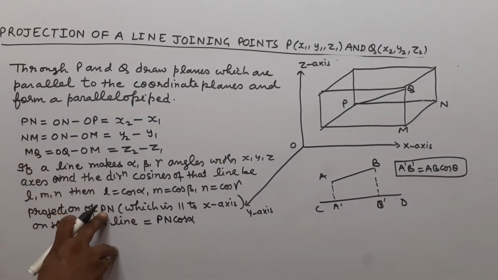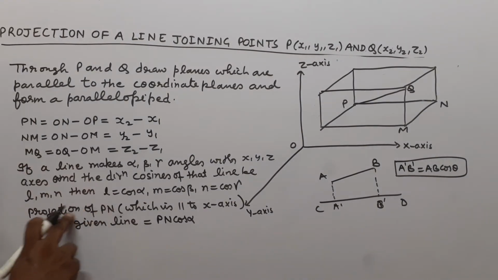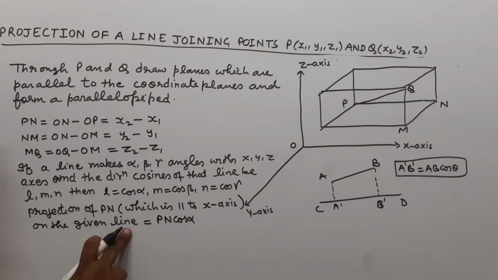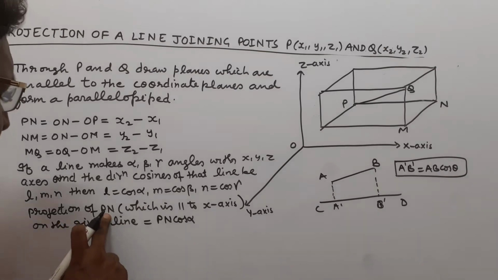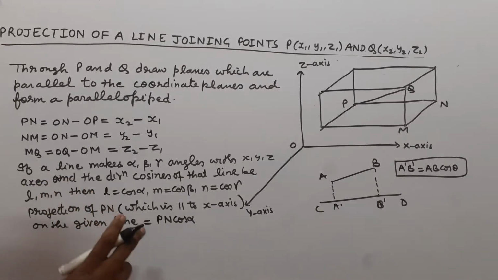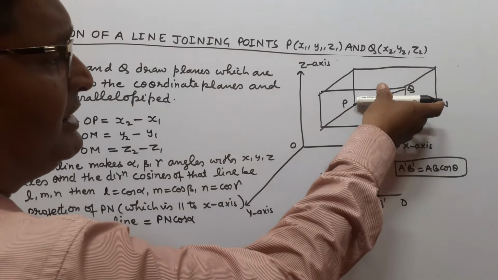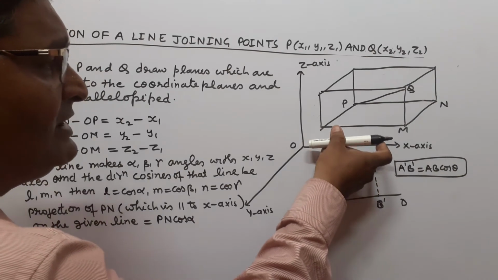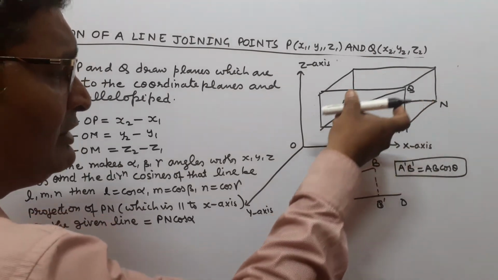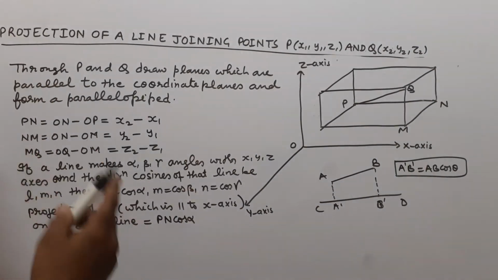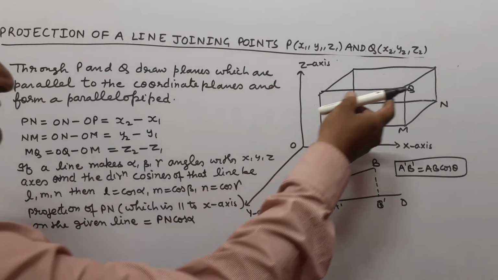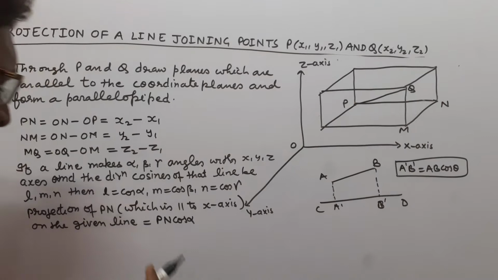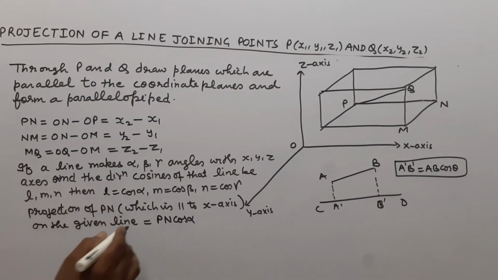PN makes angle alpha with the given line because PN is parallel to the x-axis and the given line makes angle alpha with the x-axis. So the projection of PN on the given line can be written as PN cos alpha.